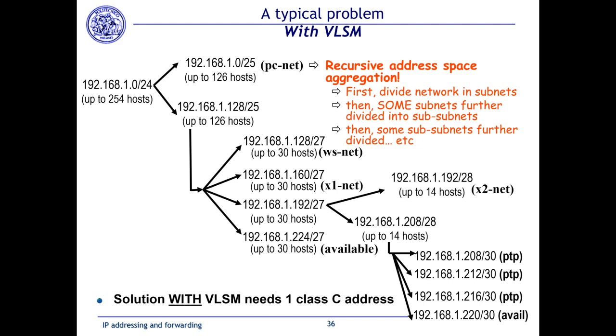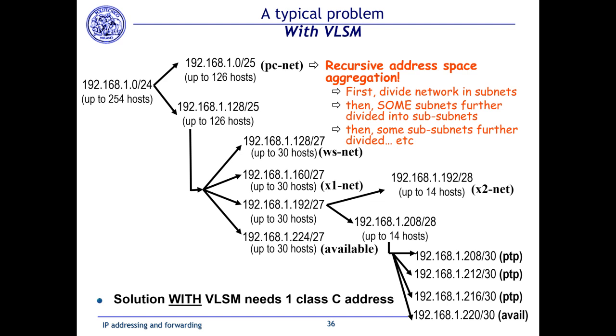We started with /25 as prefix length. We want to create 4 subnets, so it means that we have to extend the prefix by 2 bits. So from /25 we are at /27.